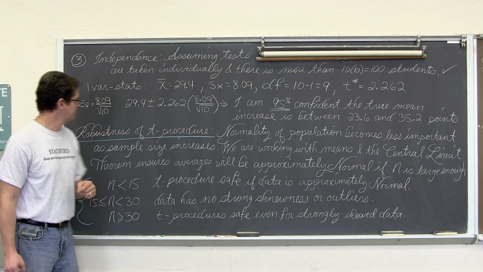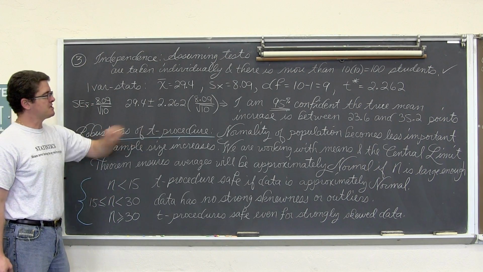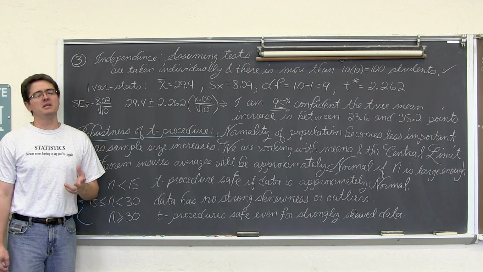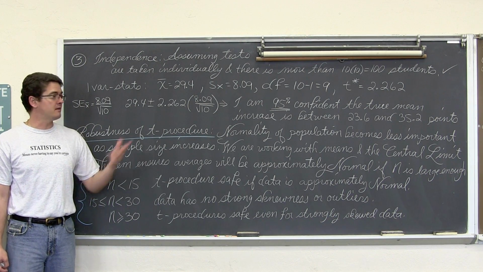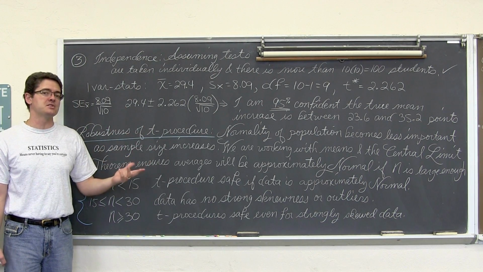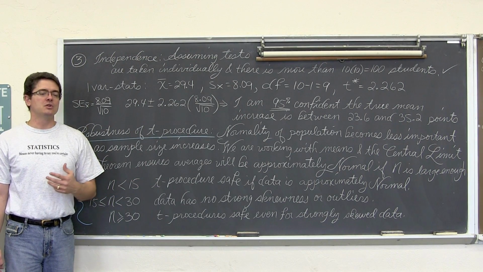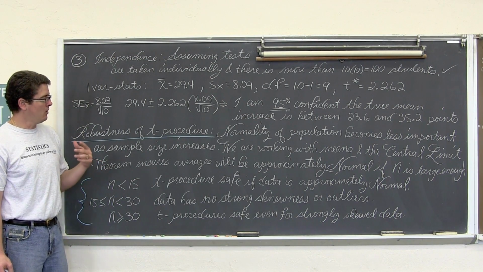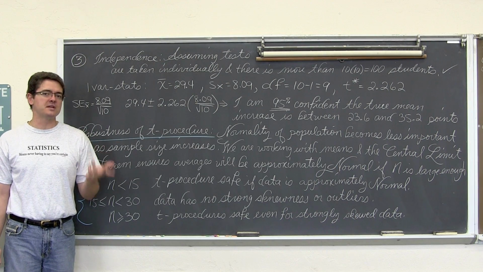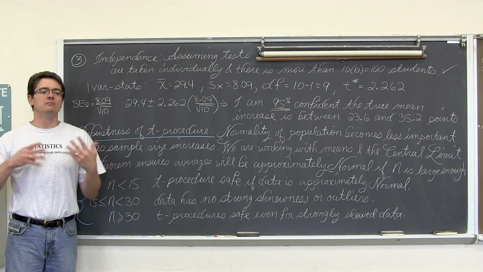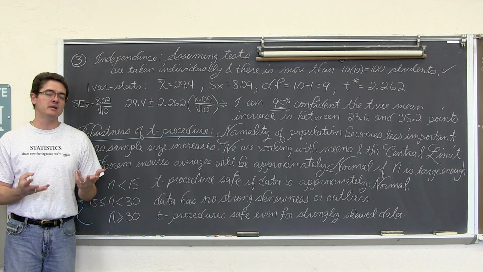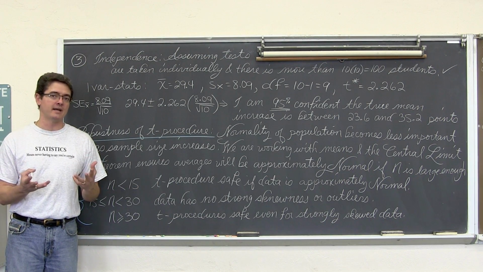Okay, the robustness of a T procedure. Robustness is the ability of a statistical test, or just a process in general, like a confidence interval, to resist non-normalities in the data. Well, when we're working with averages, we have the central limit theorem to help us resist or handle any non-normality that we have in the raw distribution or data.